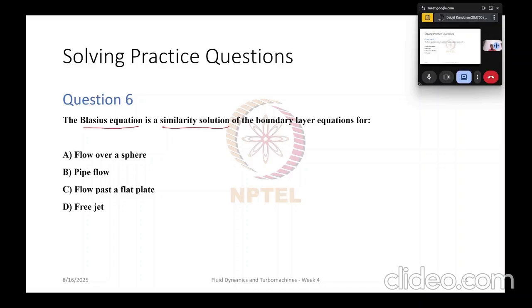It's a very simple solution, and I guess I already told you the answer. So, without any further ado, let's take a look at the solution. It's actually flow over a flat plate.